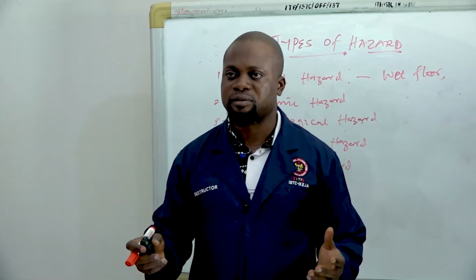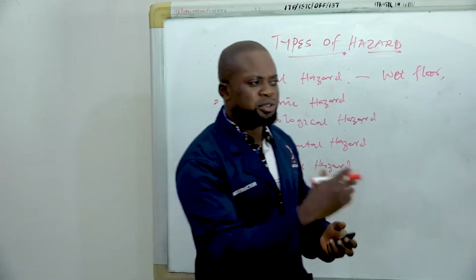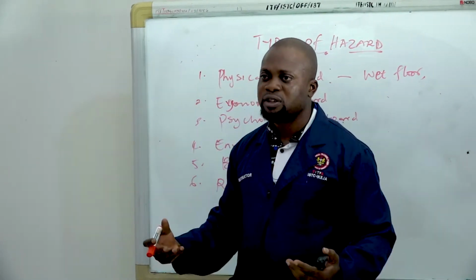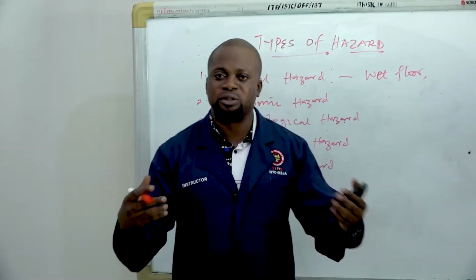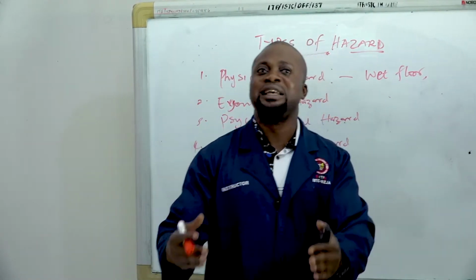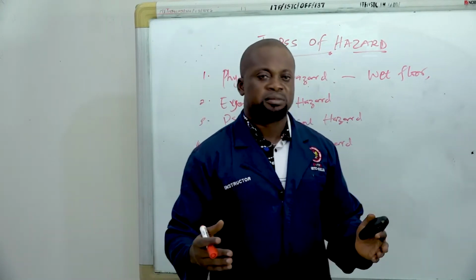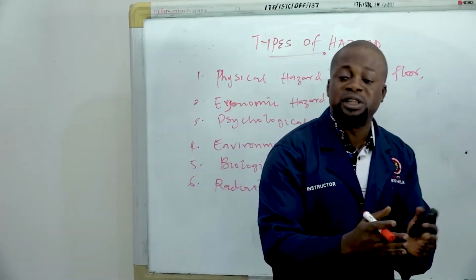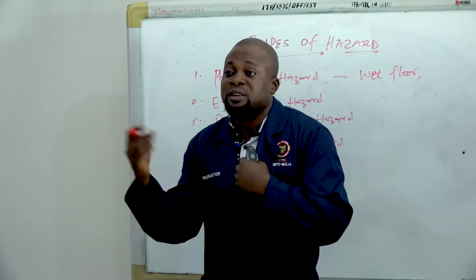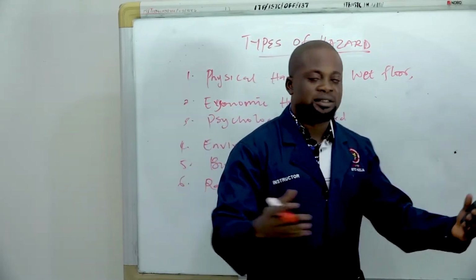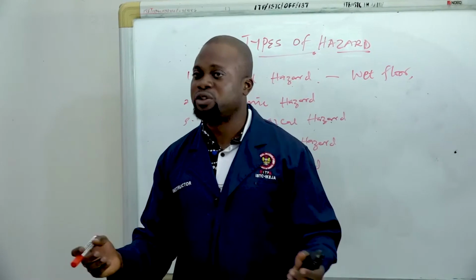Then that is where we lead to environment. Environmental hazard. You look at the room temperature. Is it conducive? Just as we had now. Is this room conducive? Can I stay here for like 2-3 hours? Some persons, if the environment is hot, some of you can start finding yourself like, sir, this thing is not conducive for me.